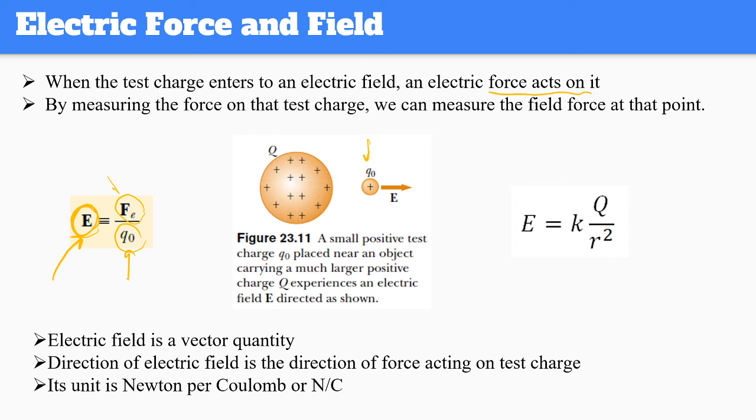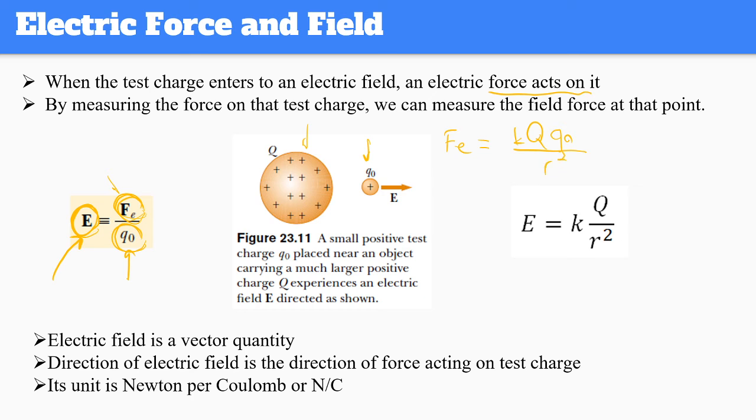So electric field is two ways: force divided by the point charge, or the test charge that you put. Or if you think about the force equation, with Q and Q0 in the system, electric force is K Q Q0 divided by distance squared, or R squared, both the same.